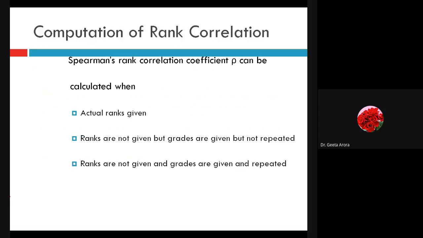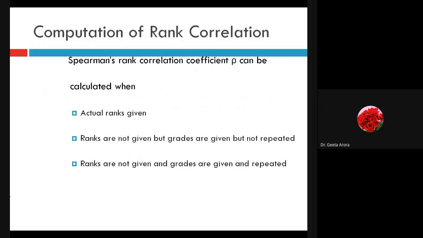There also we are ranking the candidates. We give some marks in order to rank them, to show how much better they have performed in comparison to others. So when actual ranks are given, we can go for rank correlation.